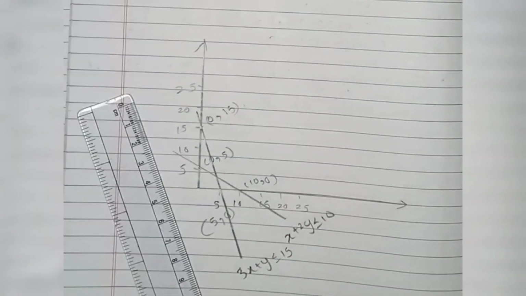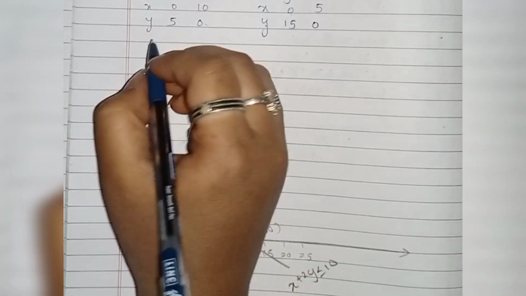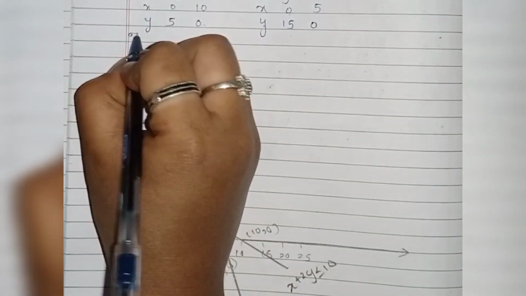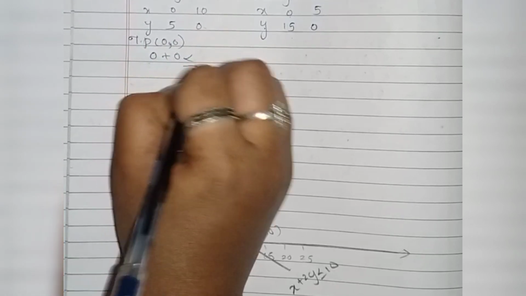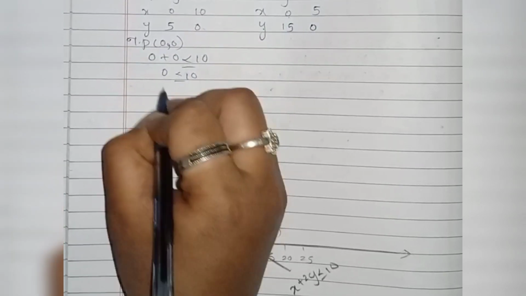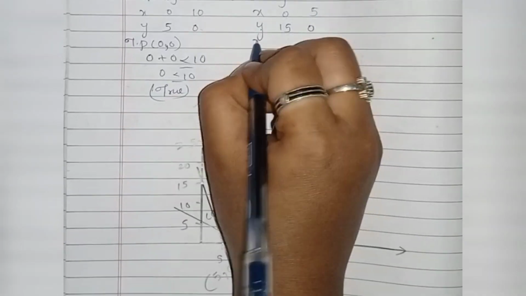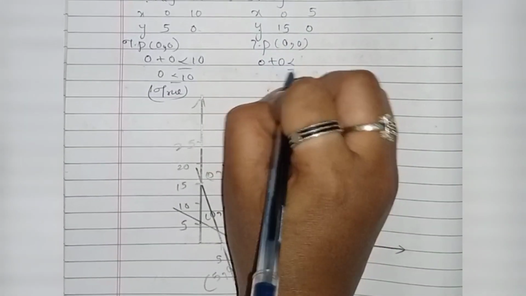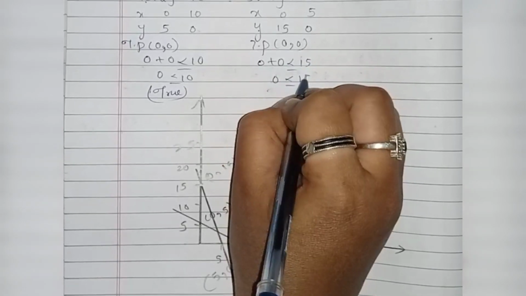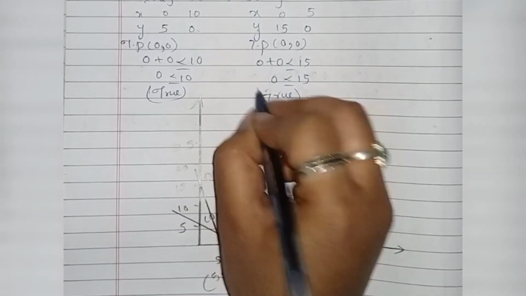Now we have to see what region it is covering. Testing the origin (0, 0): 0 plus 0 is less than or equal to 10, which is true. And for the second, 0 plus 0 is less than or equal to 15, which is also true.